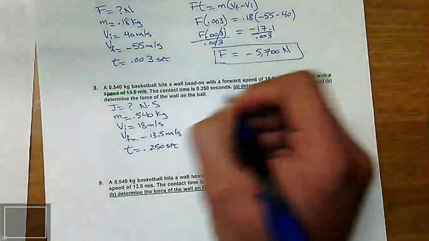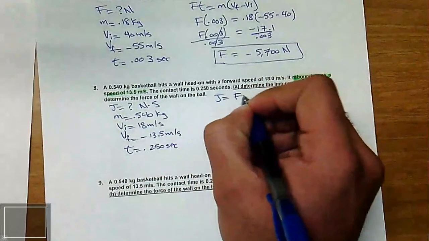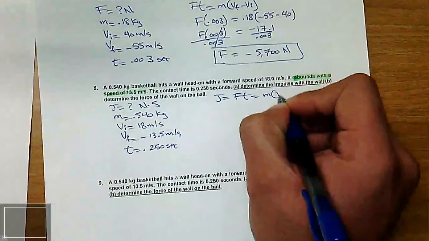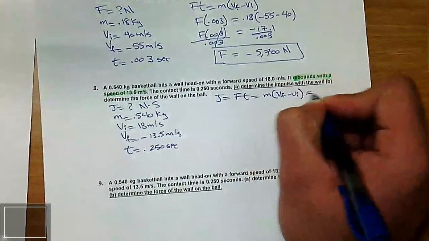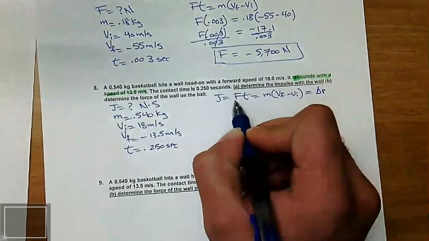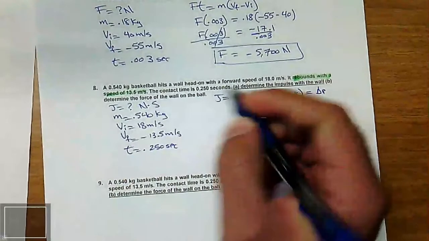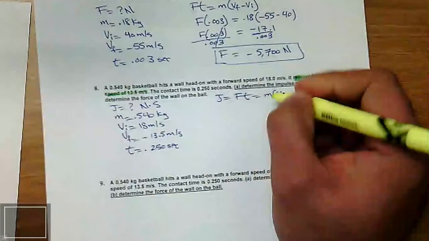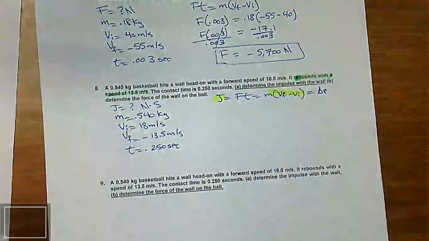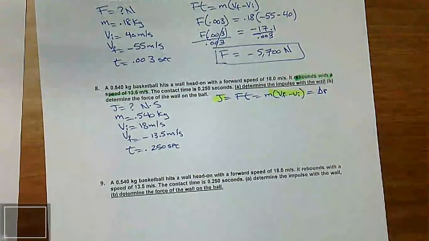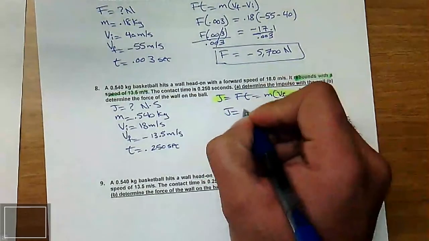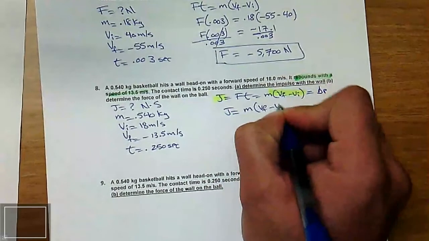So we're looking at our full equation. J is equal to Ft is equal to m(Vf minus Vi) is equal to delta P. Again, based on what we have, we need the J, and the rest of it is over here. So we're going to set these two as equal to each other. So J is equal to m(Vf minus Vi).